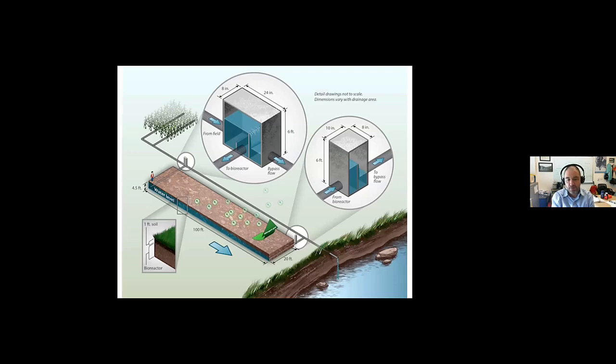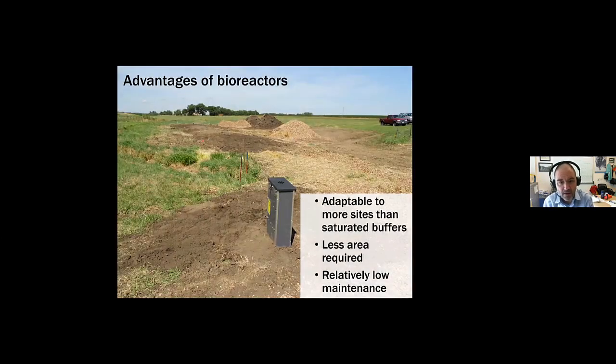Okay. And again, like the saturated buffer, we're putting a control structure in and diverting a portion of the drain flow into that bioreactor. Some advantages of this: it should be adaptable to more sites than saturated buffers, because we don't need to be next to a stream. We can take that water right back into a drainage main.